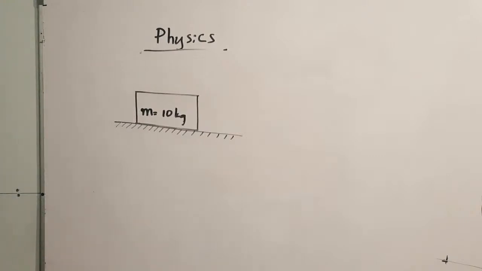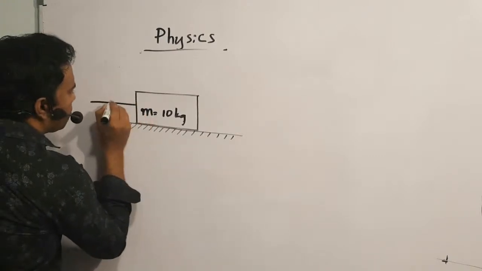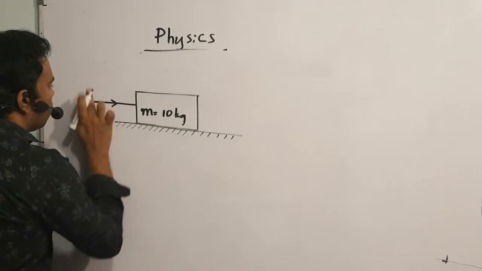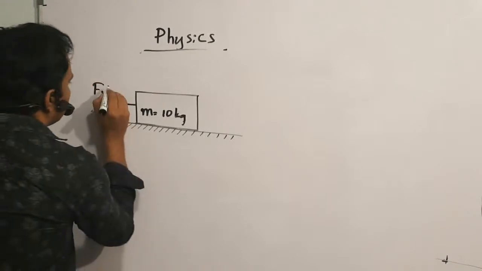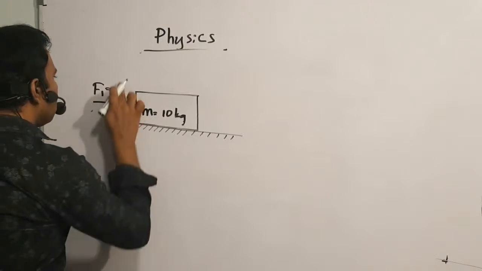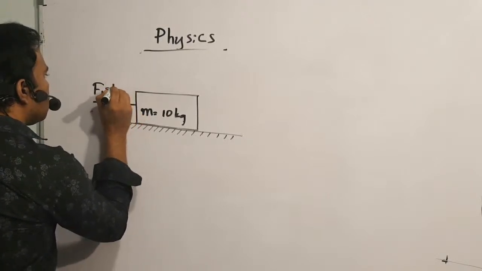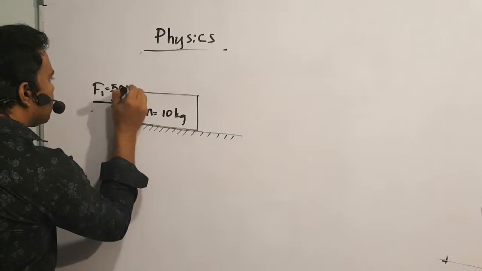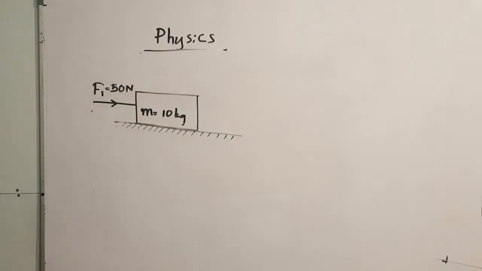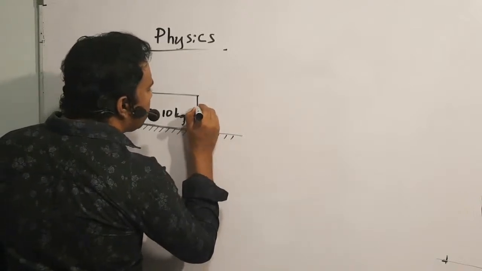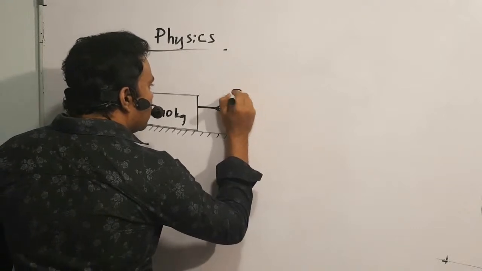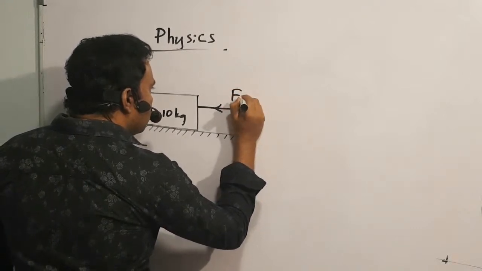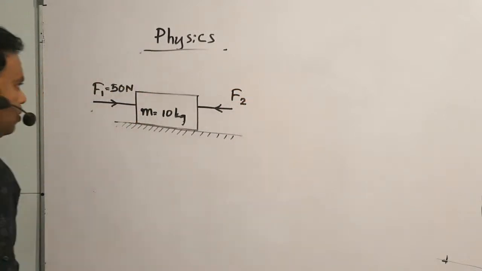Okay, so you apply one external force, that's F1, equals 50 newtons. Another opposite force is applied on this object, that's F2.